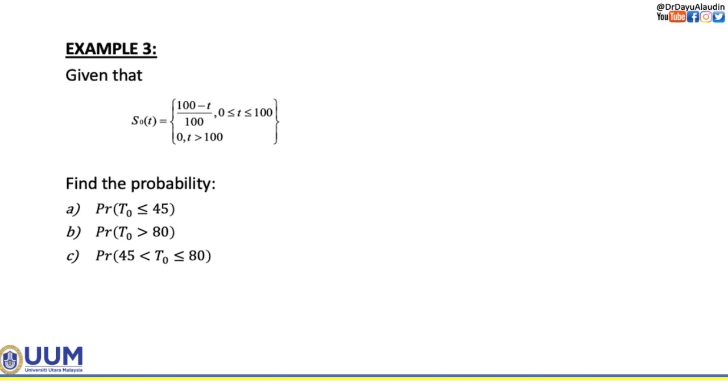Now we go to example 3. So part A. This sign is for probability of death.